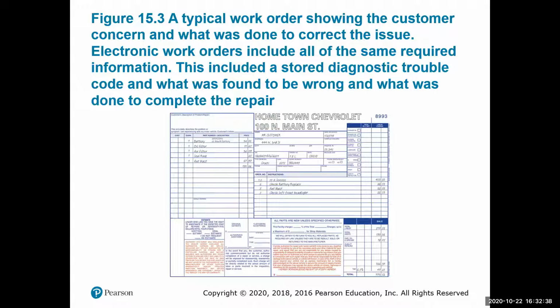Whether you call the customer or they come into your shop and say, hey, we found that the fan belt's about ready to break. It is a good idea to do it now so you don't get stranded out on the street or have other things happen. And then the customer, if he's in person, he has to sign off on an updated estimate.